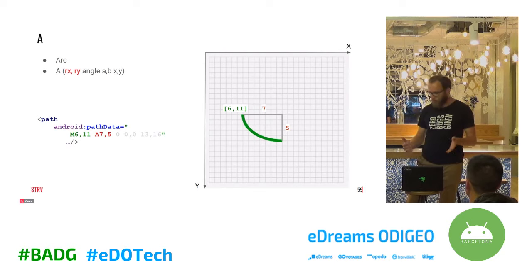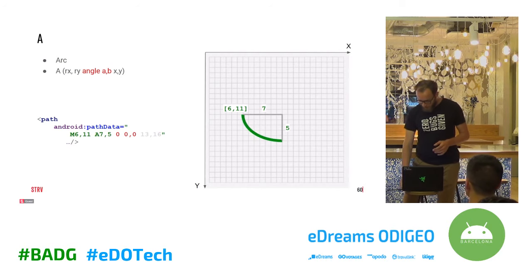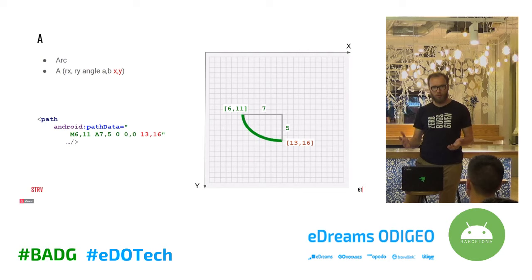In this case, it will be 7 and 5. Then the next parameter is an angle and 2 flags. I will talk about those later on. I just leave it at 0 for now, so it's at default state. And the last 2 will be where we finish. So that will be the end point.